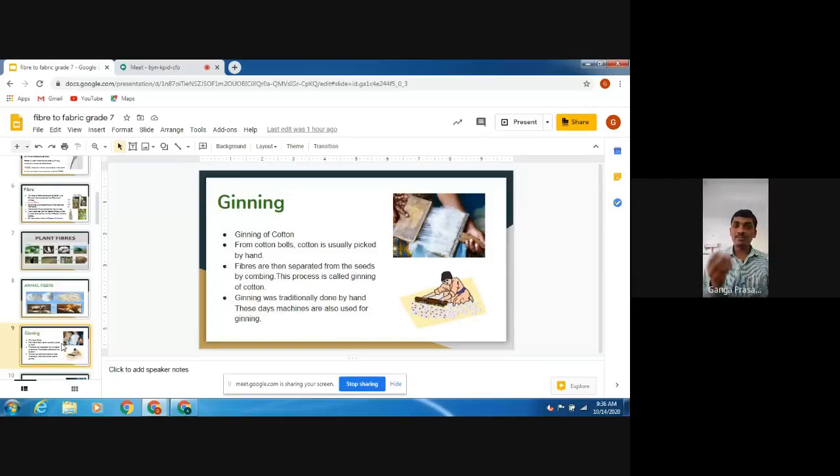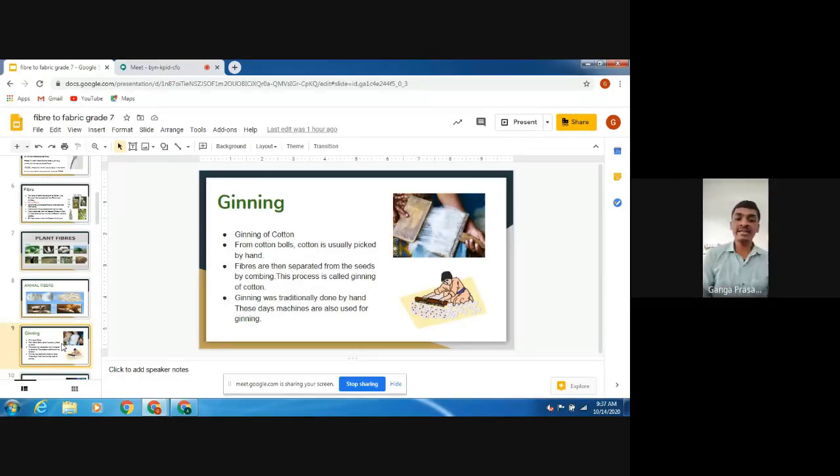The seeds are separated by combing. The process of separating seeds from the cotton by combing is called ginning.